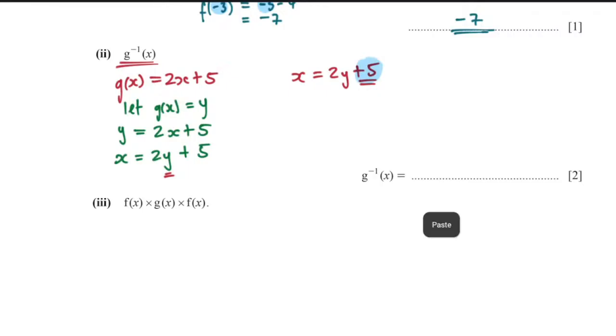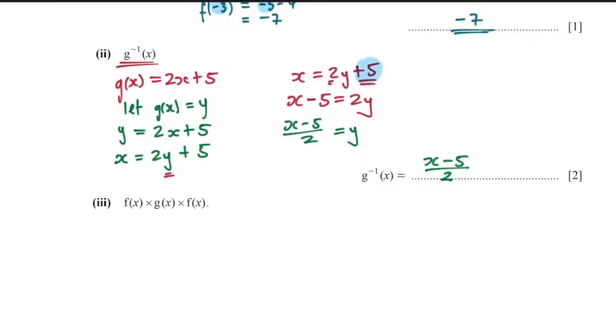You start with 5 because it's far. 2 is right next to y. So 5 goes the other side, becomes x minus 5 is equal to 2y. Then we take 2 to the other side. 2 here is multiplying. On the other side, it will divide. So you have x minus 5 all over 2 is equal to y. And that's your inverse. So the inverse is x minus 5 all over 2.